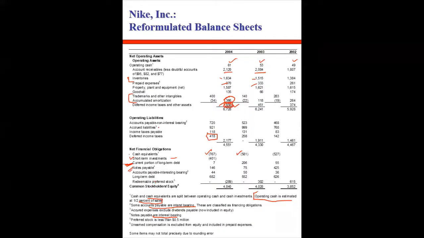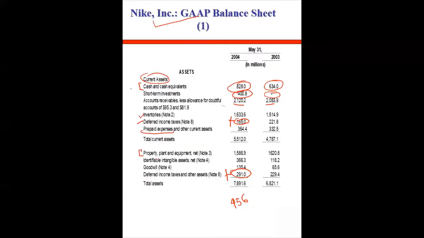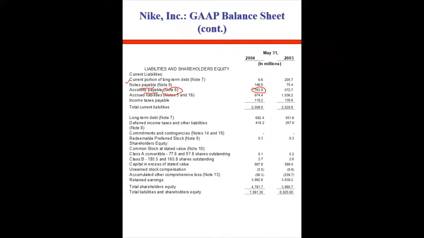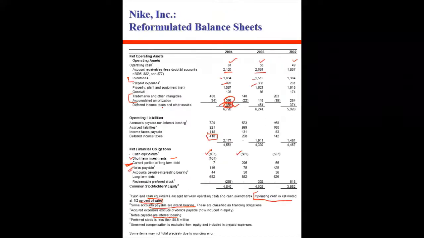And the remaining amount out of accrued liabilities needs to be considered as operating liabilities. The amount dividend payable has been transferred separately to common shareholders' equity. The income tax payable, again, it is part of operating liabilities.